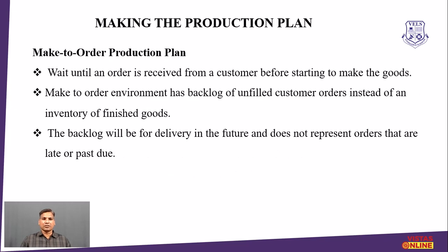Make to order production plan. In the name itself they mention make to order. Before starting to make goods, we definitely inform the customers, or else we give them an advertisement. We make sure the product will be available in the market, and on such and such a date we are going to deliver the product, so that the customer will be ready with the cash for buying the product.